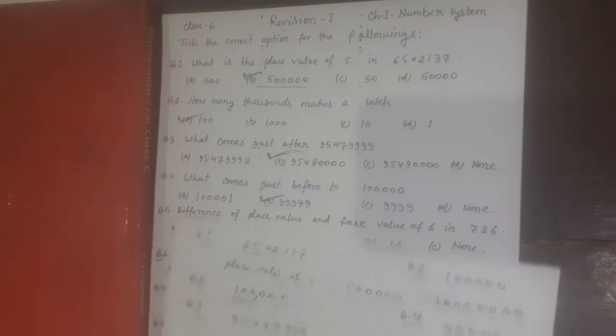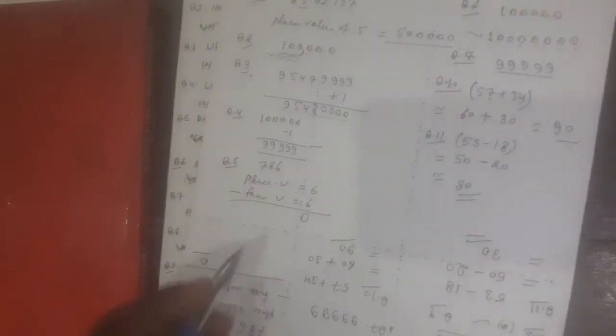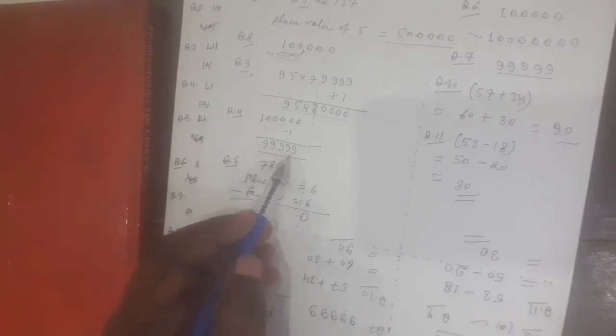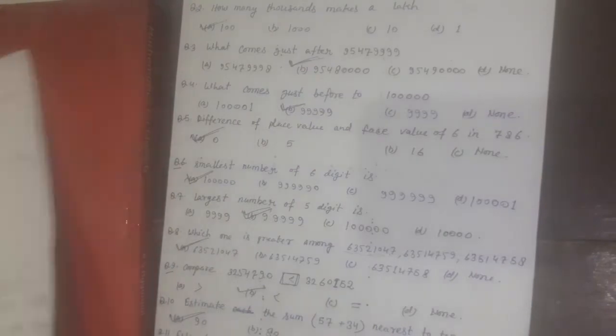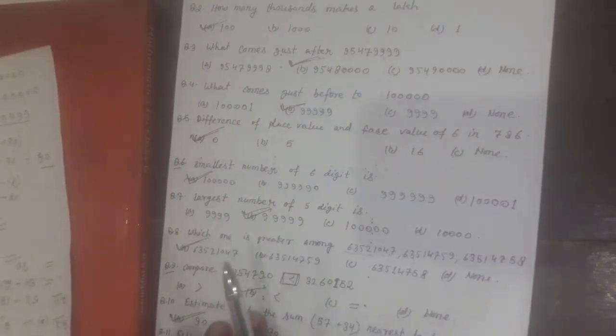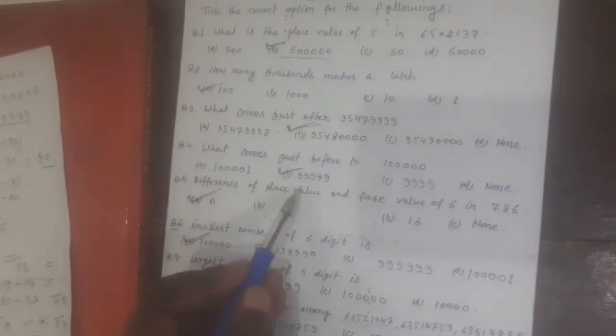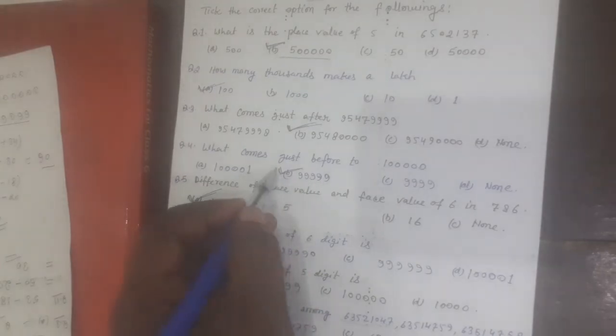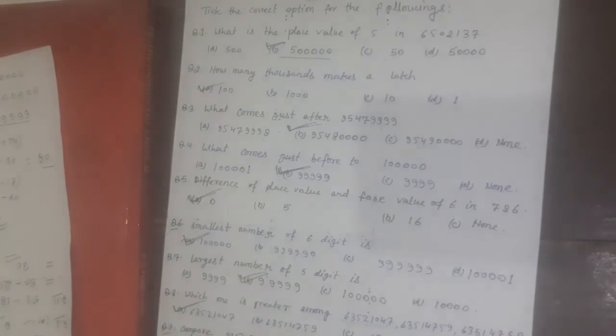So given number is 1 lakh, and if you will subtract 1 from 1 lakh, it will be 99,999. Okay, so here you can see that in the question number 4, 99,999, this B option is correct here. Okay, so B option is correct.